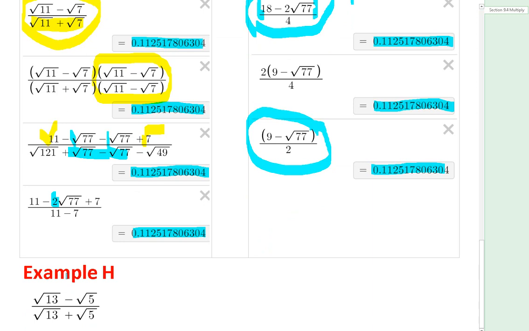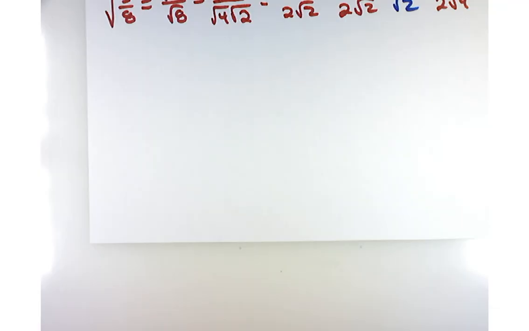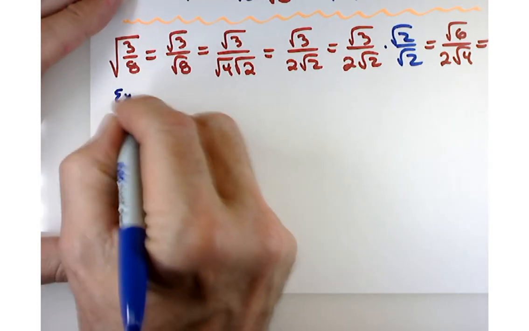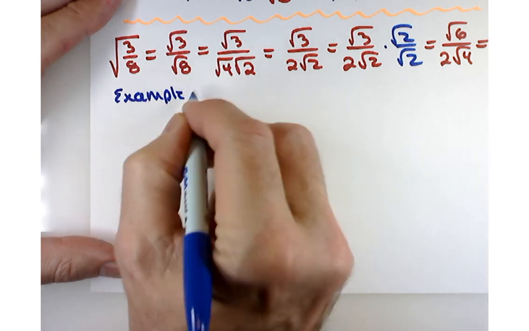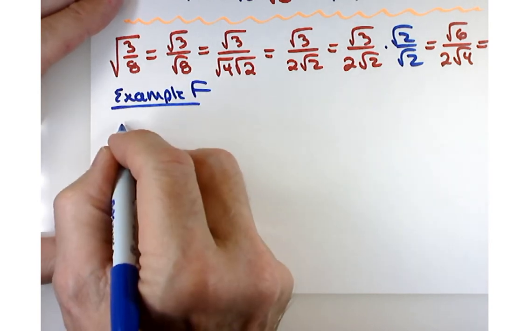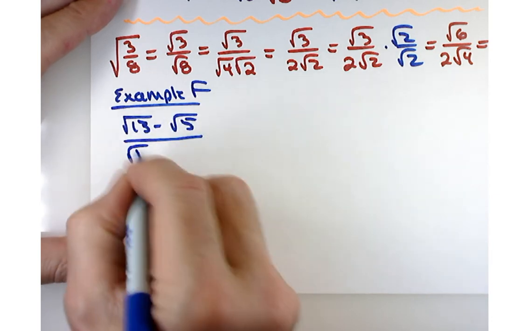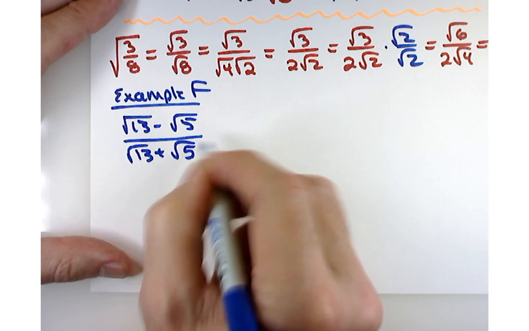We're going to start with this one down here: square root of 13 minus square root of 5 over square root of 13 plus square root of 5.